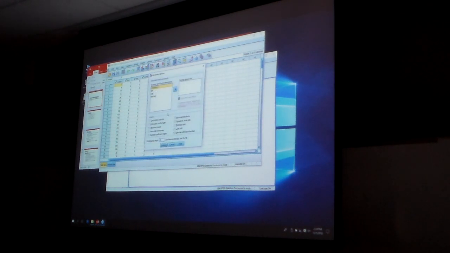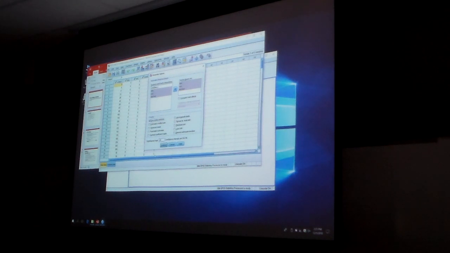And then options, this is where we're going to request some additional stuff. We'll ask for marginal means for film, for instruction, and the interaction. This is going to help give us an idea of what's going on in terms of different effects that we might take a look at.